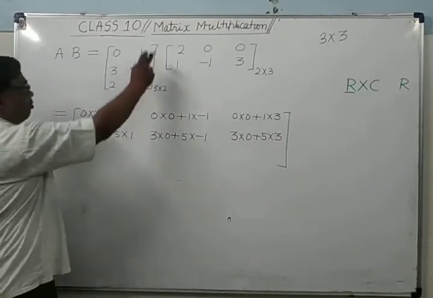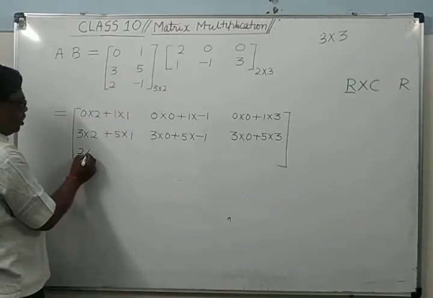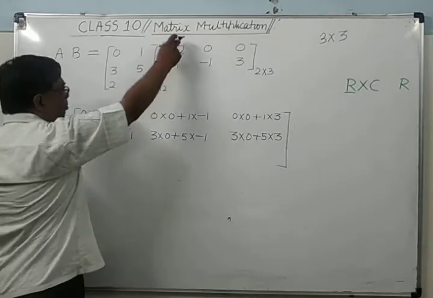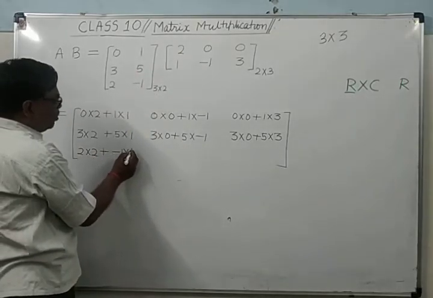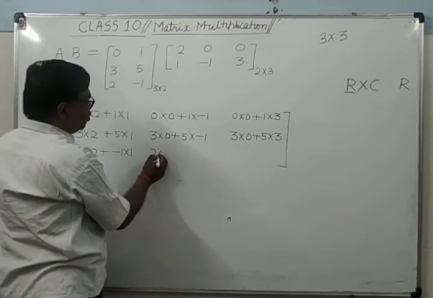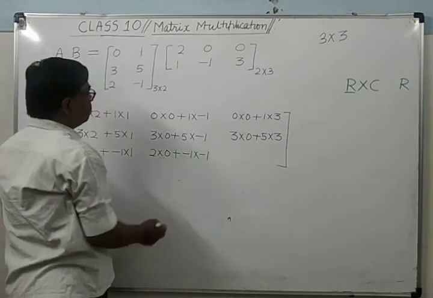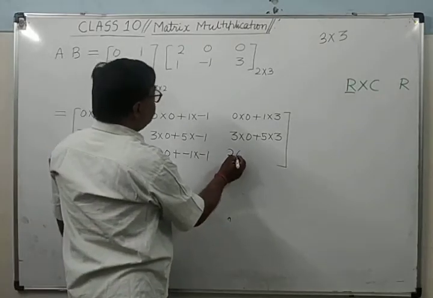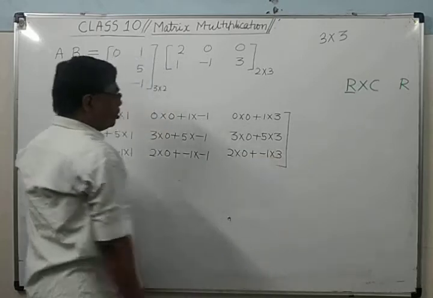Then we will take the third row. So 2 into 2, this will multiply with this, 2 into 2 plus minus 1 into 1. Then 2 into 0 plus minus 1 into minus 1. Then 2 into 0 plus minus 1 into 3.